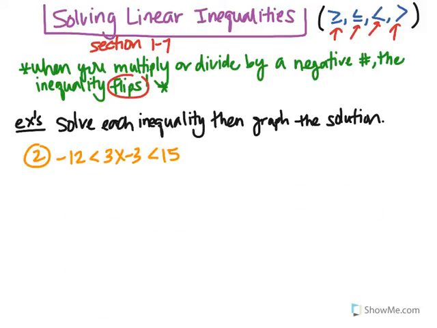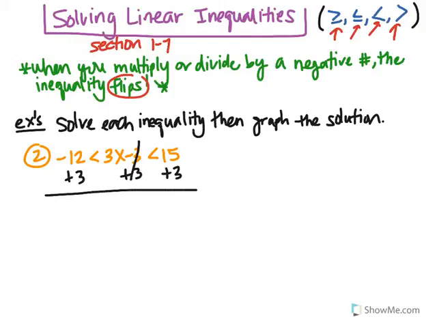In this next example, you're asked to solve where 3x minus 3 is greater than negative 12 and where 3x minus 3 is less than 15. So you're going to solve it as though you kind of have two equal signs, if you will. I'm going to add 3 to not only the right side, but also the left side to get it to cancel.